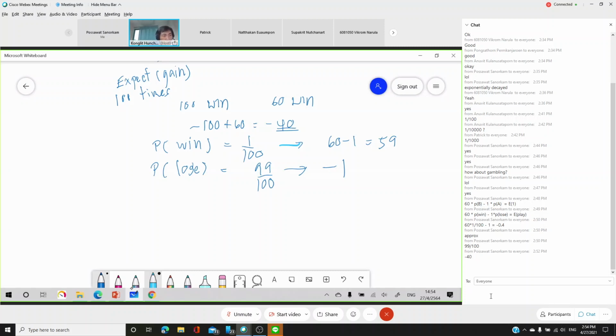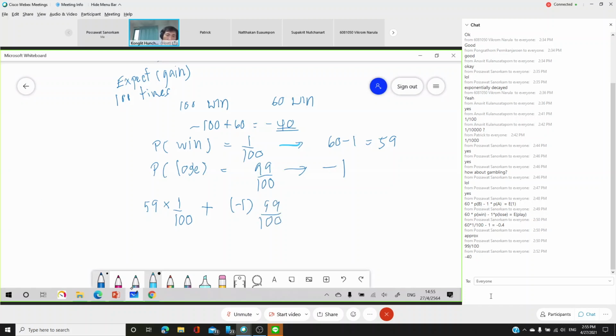So to write your equation, we gain 59 baht with probability 1 over 100, plus we gain minus 1 baht, that's losing, with probability 99 over 100.